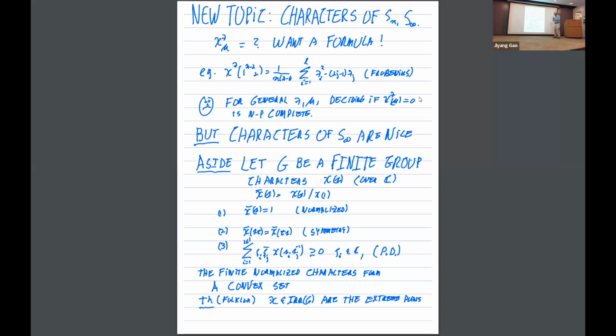And this is a convex set. The normalized characters form a convex set. So a theorem, which I don't know who to attribute to, I'm calling it folklore, it's an old theorem, is that the extreme points of this convex set, it's a compact convex set, are the irreducible characters.